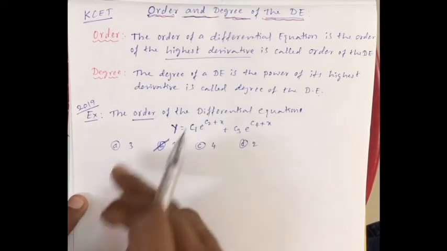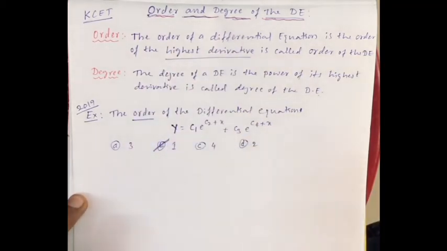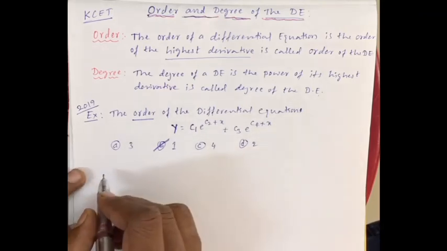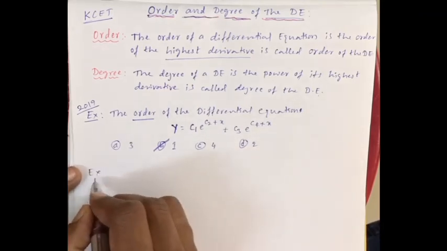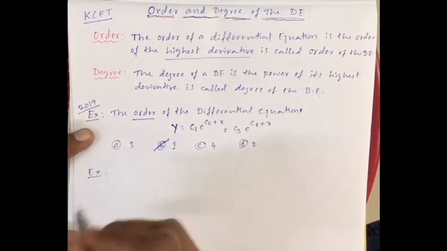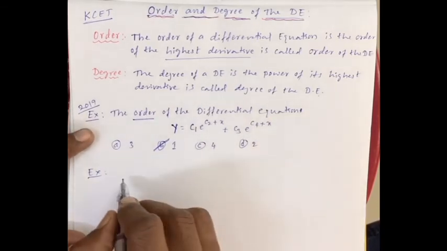Most of the time at least one such question comes, only one or two questions, right? So we will see one more example; I will write one more example here, just a common example.